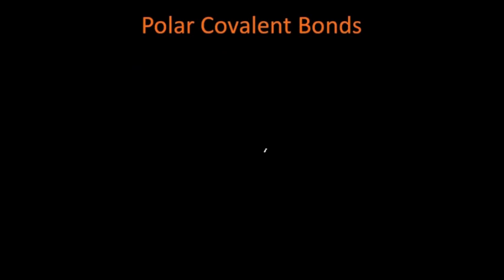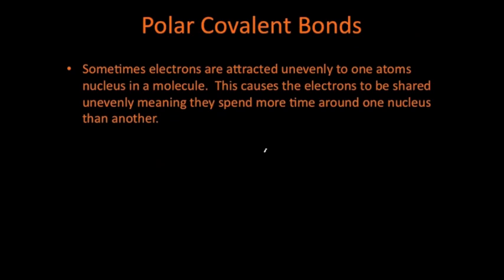Now, there's also another type of covalent bond called a polar covalent bond. This is basically the bond that makes up water. What happens when you have polar covalent bonds is the electrons are sometimes more attracted to one nucleus of an atom rather than the other ones.